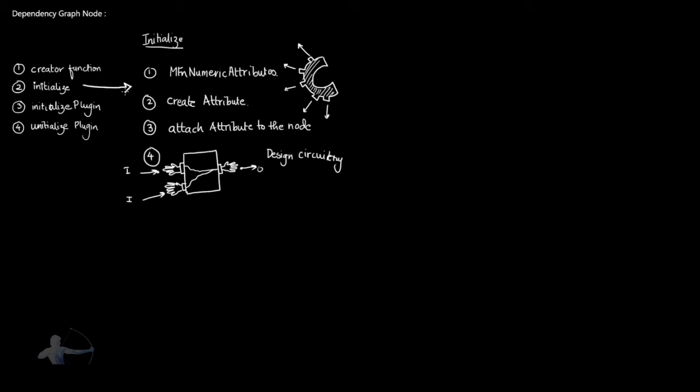And in this step, we are going to subdivide create attribute into further steps. So in this step, we would understand how to create plus set properties of the attributes. Create attributes and set properties.